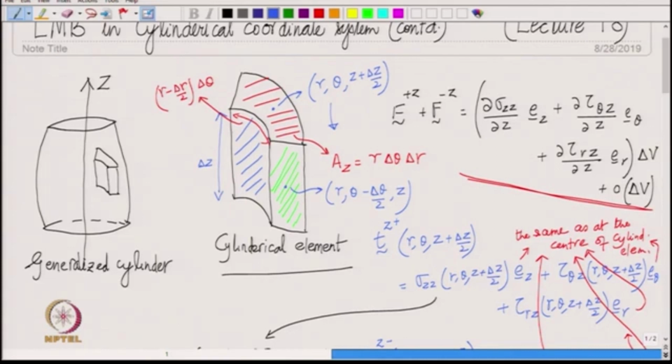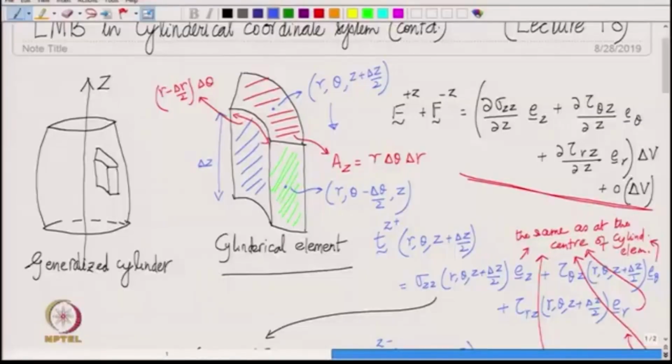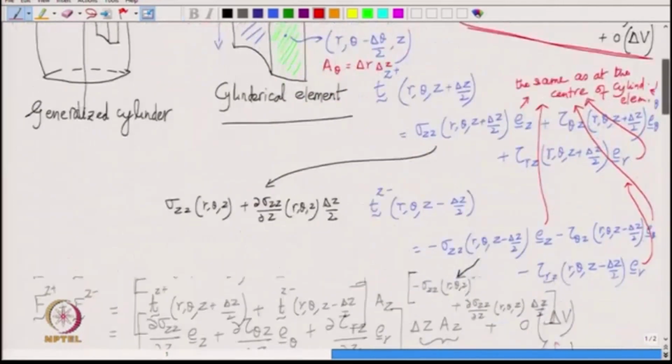For the plus theta and negative theta, the area is the same, which is delta r into delta z, right. So, we can write that the area A theta is simply delta r into delta z. All right. So, let us work out the derivation for the force on theta planes.